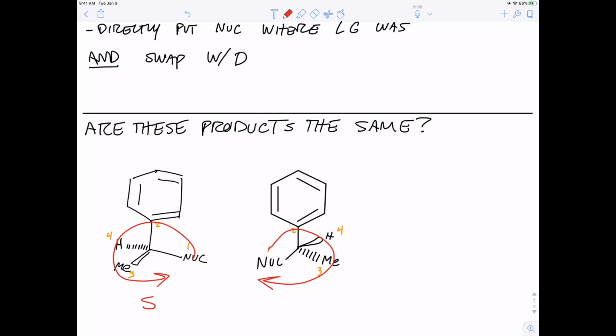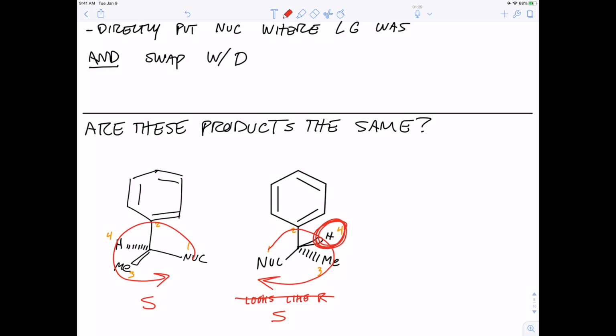Now that looks like the right way to go around the clock, doesn't it? But you're not allowed to assign that yet because our number 4 group is coming right out at us. This needs to be back behind the plane of the page, right? So what you can do is assign this, it looks like R, but then you have to flip that designation, it's actually S.